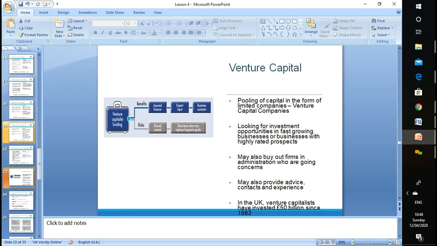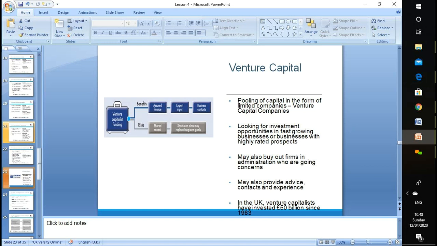Venture capital, yes, we can look around at venture capital funding. Assured finance can be expert input, business output available, shared control can be, and short-term aims may have to be replaced by long-term goals.